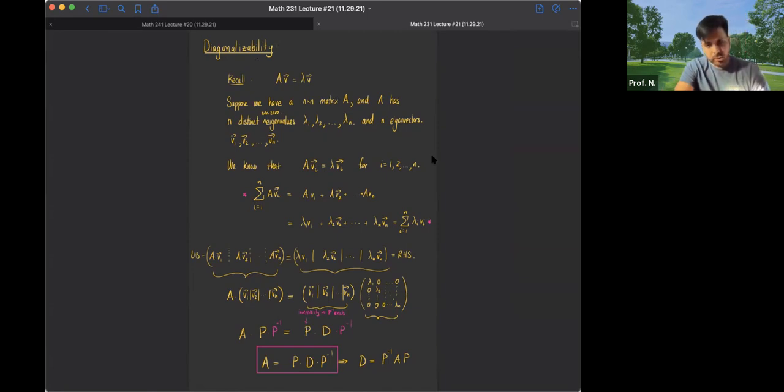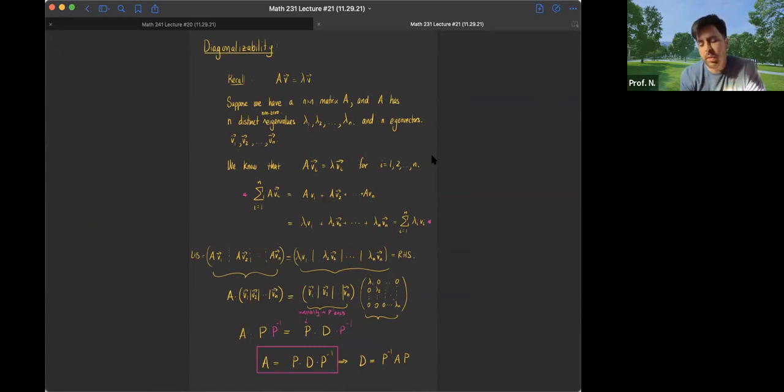No. So diagonalizability is dependent upon whether, if you're able to find enough eigenvectors that are a basis to the underlying space.